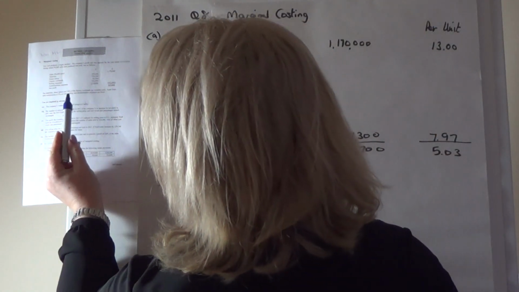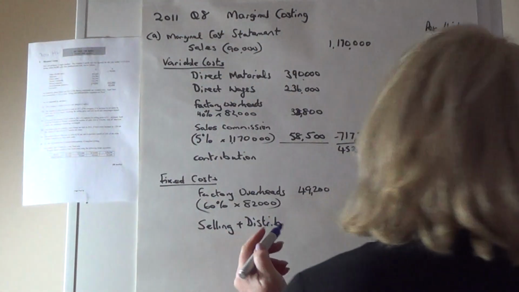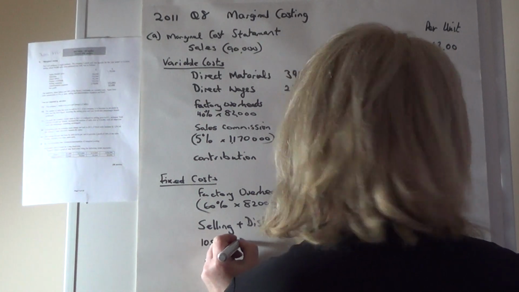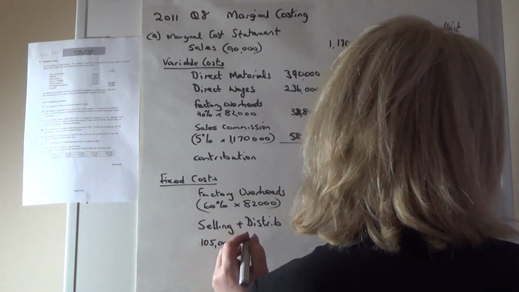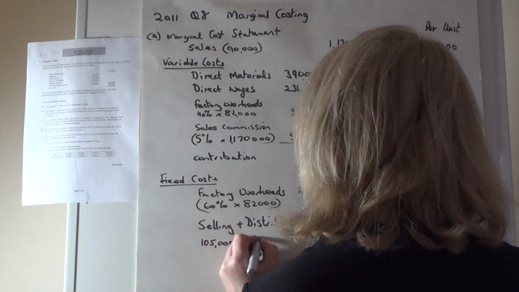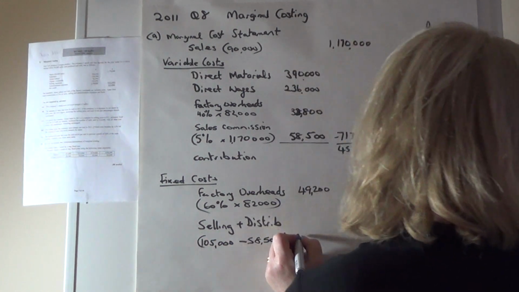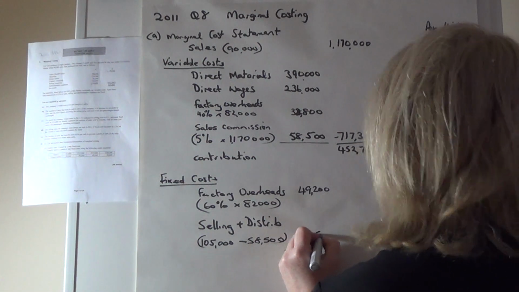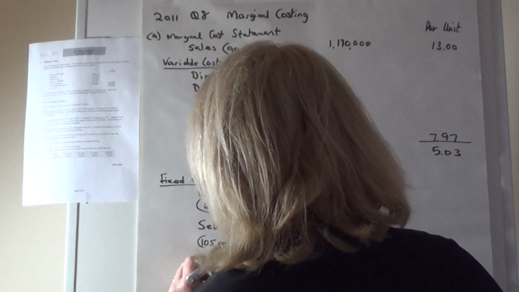So if we take our selling expenses of 105, and if we take out then our sales commission of 58,500, then our selling expense is 46,500. And finally then we have our admin expenses.